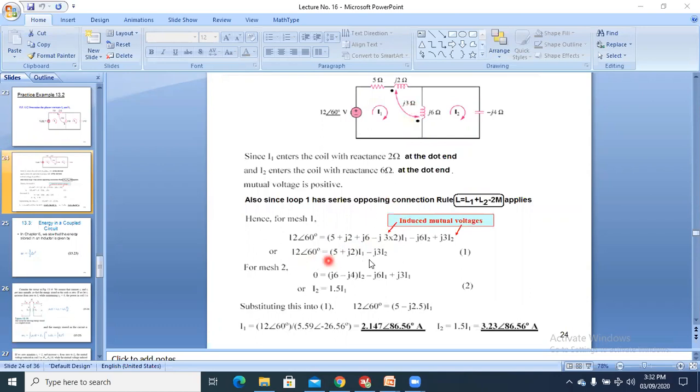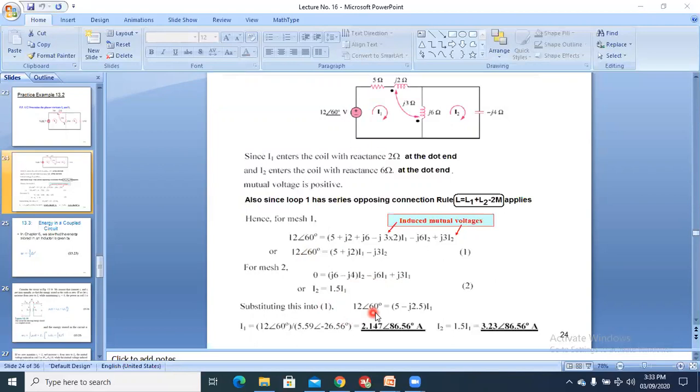So we solve the equation for mesh 1, and in mesh 2 we also have plus j3 I1 for the same reason: dot positive, current enters the dot. So we have this relationship, and from mesh 2 we find the value of I2, which is 1.5 I1, and we substitute this value in equation 1.